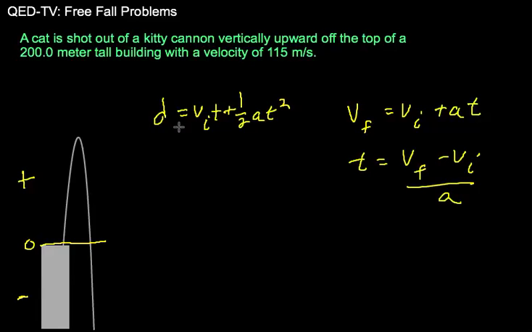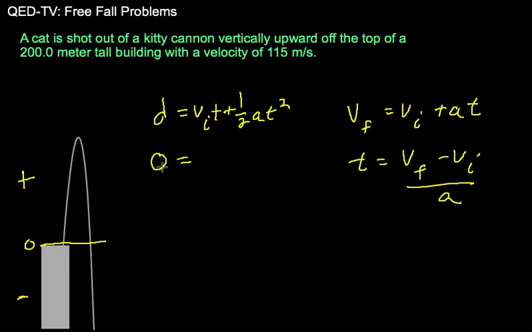Could I do that here? Well, what's my displacement? Well, my displacement is here all the way back, and where do I end up? I end up at the same place. So my displacement is actually 0. So I could put 0 in for this d, and I could then divide this entire equation by time.